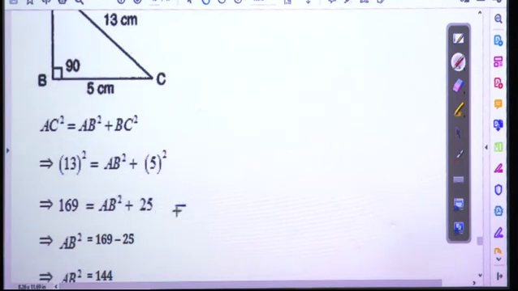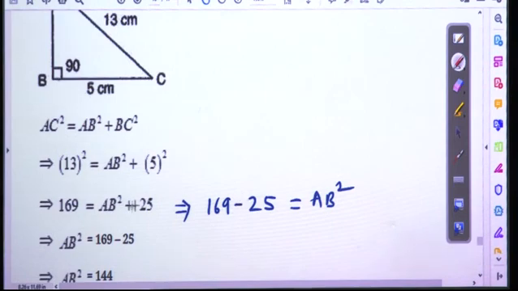I will write a step here. We are taking 25 on the other side, so we shall write it this way: 169 minus 25 is equal to AB square. 25 is taken to the left hand side.